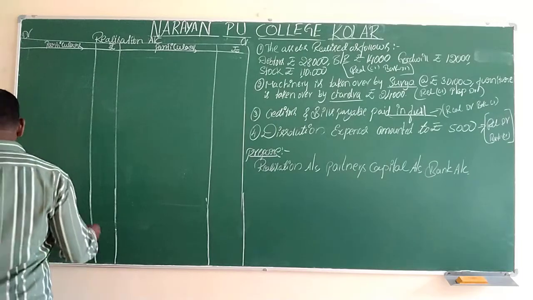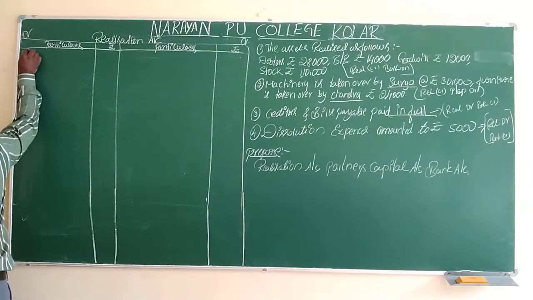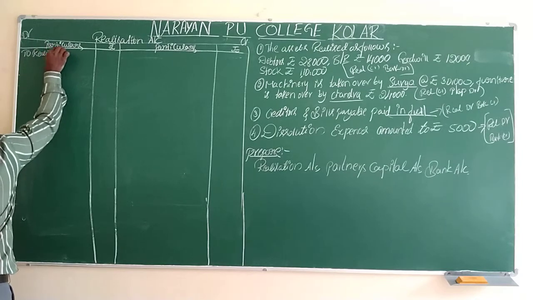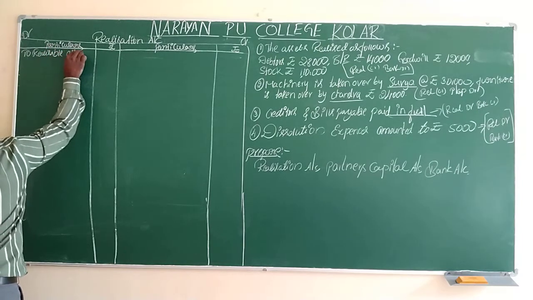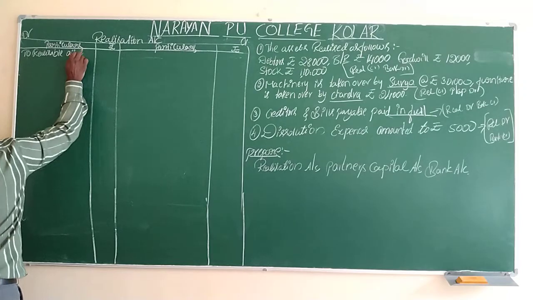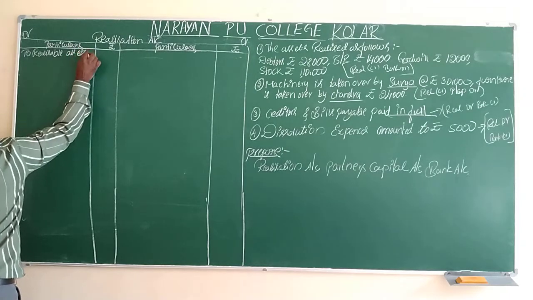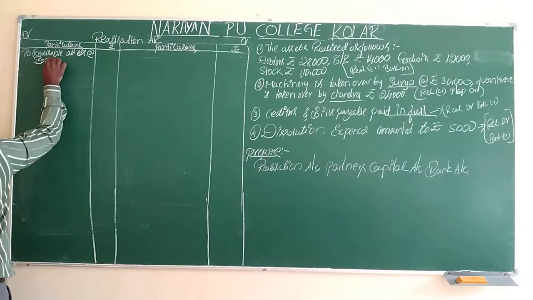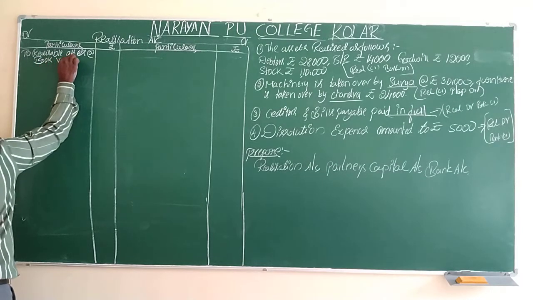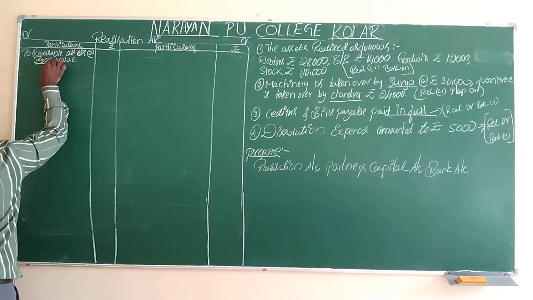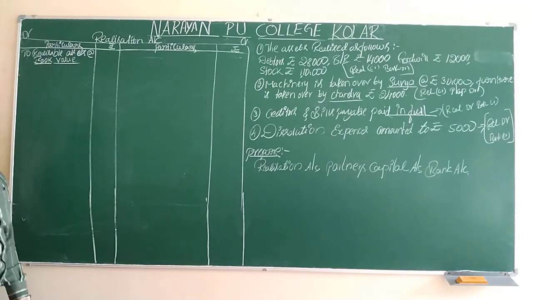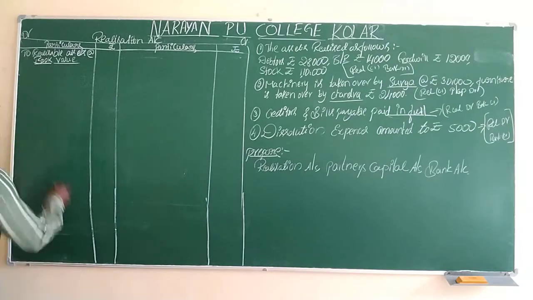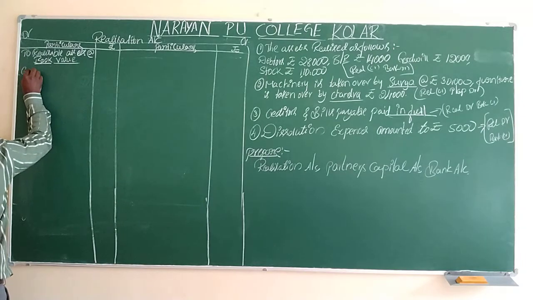First, to realizable assets at book value. Here how many assets are there? Six assets are given. The first is goodwill.